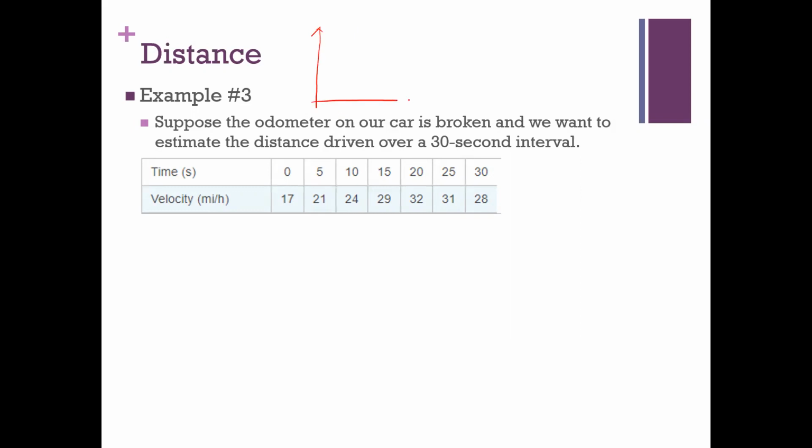let's look at a graph here. I have 5-second intervals: 5, 10, 15, 20, 25, 30. What I'm doing for these intervals is not going to be accurate, but that's okay. I know my speed is going to increase in some way over the first 20 seconds, and then it's going to go down a bit as I get to 30.